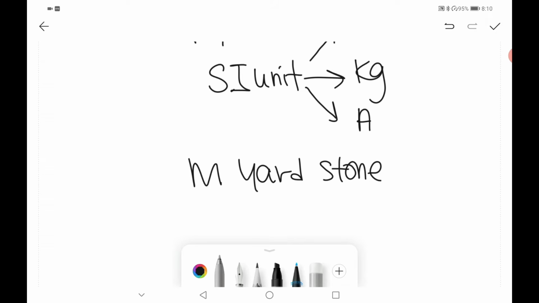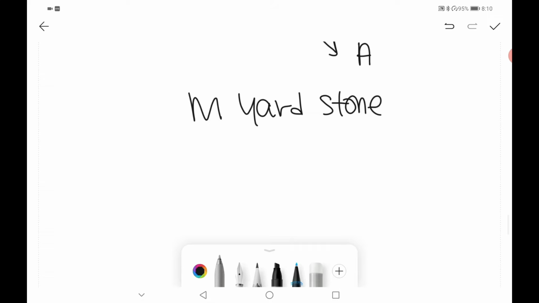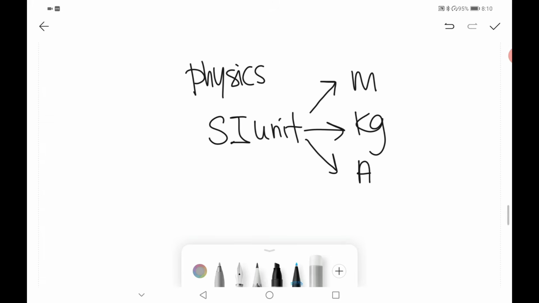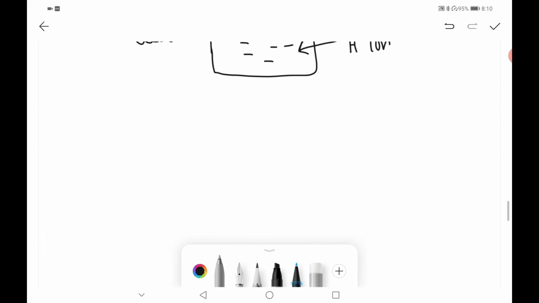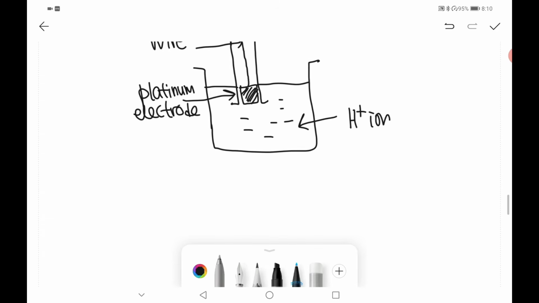It's very, very hard to measure, so we don't want that. Same thing: one country uses kilogram, another uses pounds. It would be very hard to communicate. So it is easy if everyone uses the same rules, the same standard. Then only it is fair.